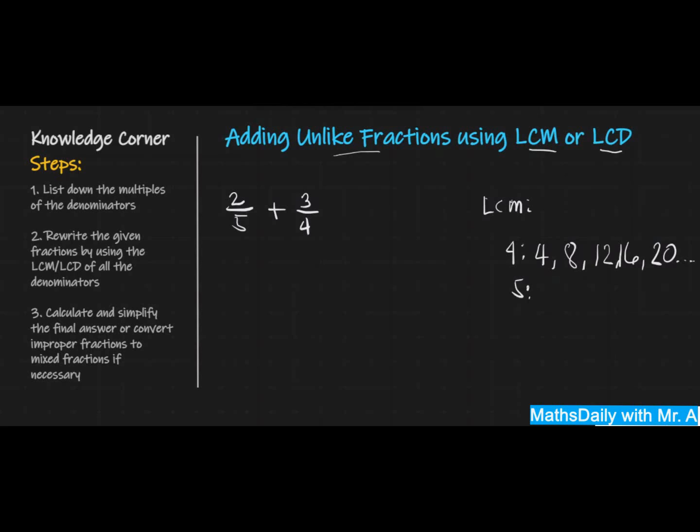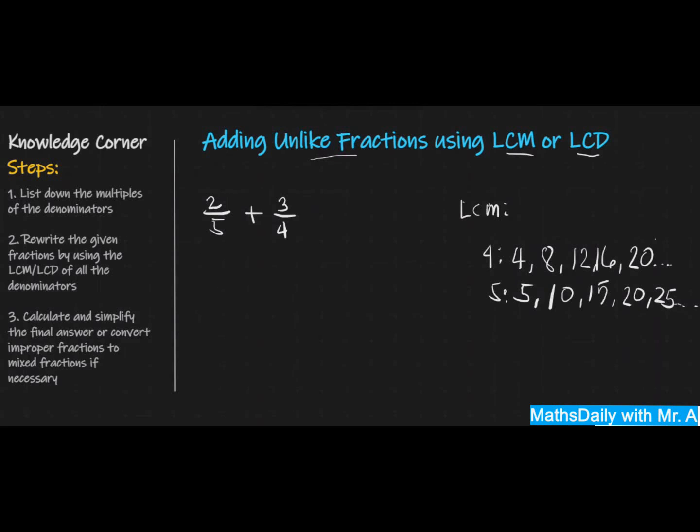I'm going to write multiples of 5 as well. So 5, 10, 15, 20, 25, and the list goes on. The least common multiple of 4 and 5 is 20.